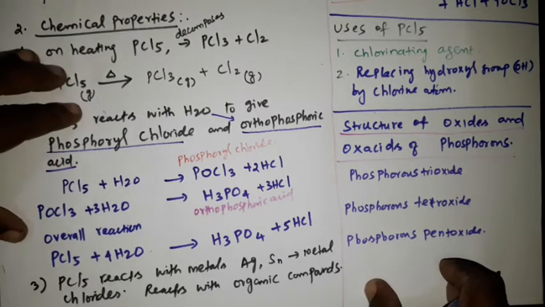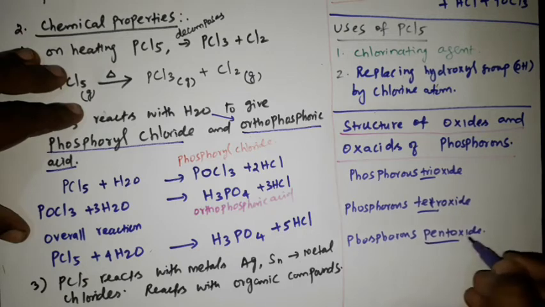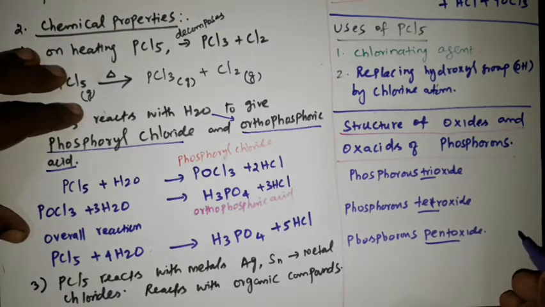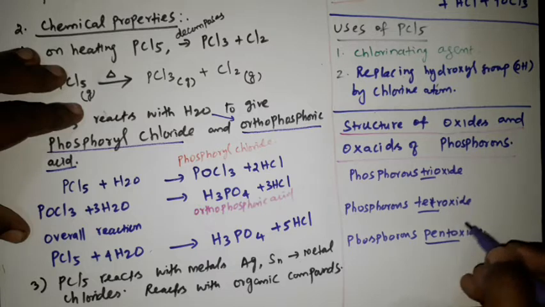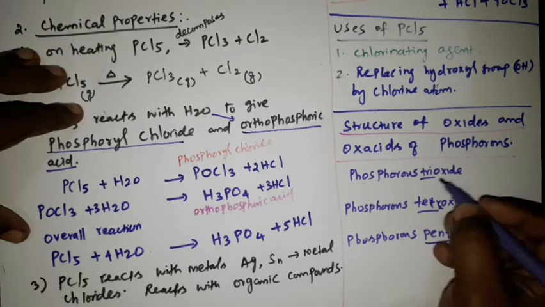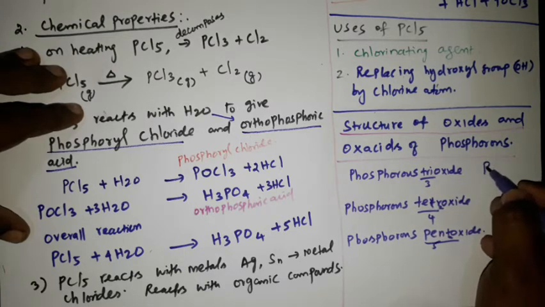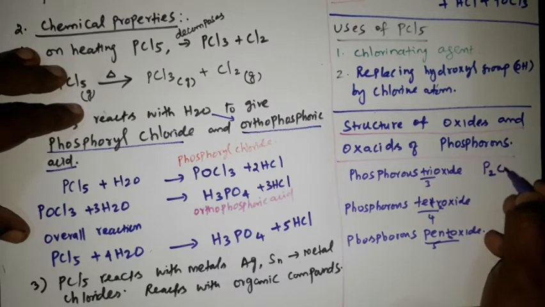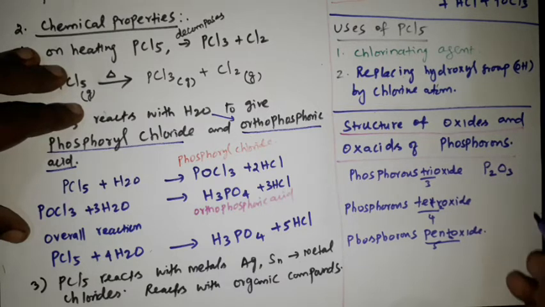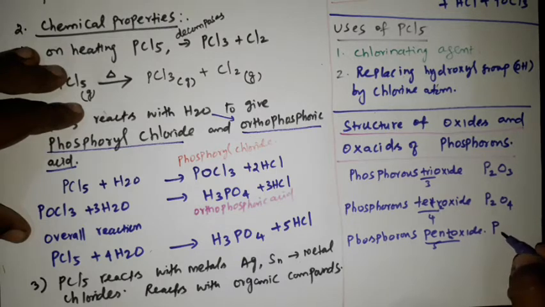So tri means 3, tetra means 4, penta means 5. Now we generally write phosphorus trioxide as P2O3, phosphorus tetroxide P2O4, and phosphorus pentoxide P2O5.